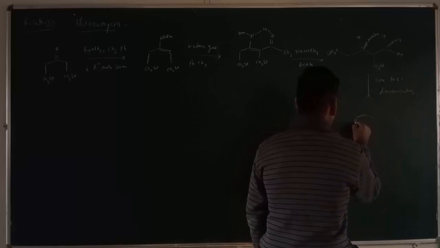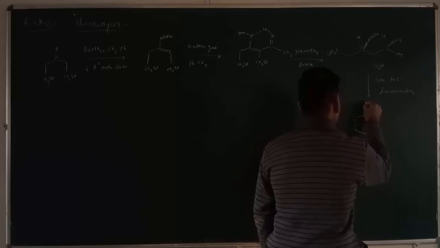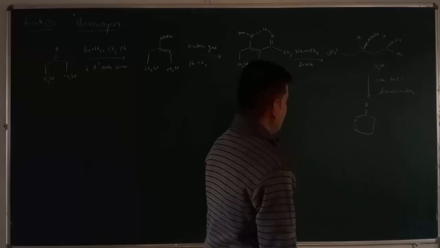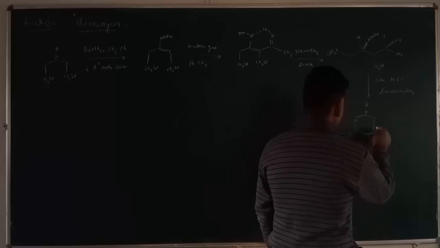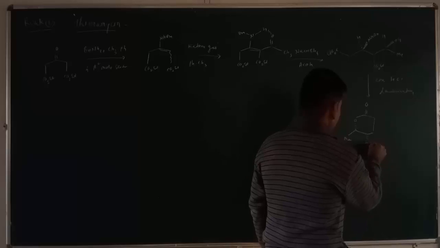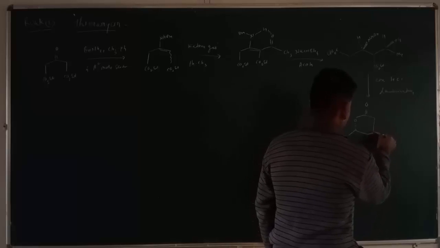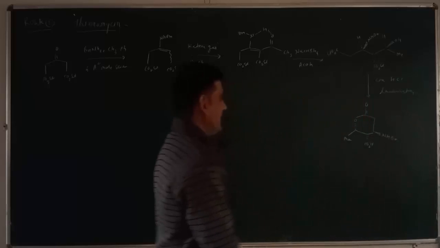Here is the oxygen in this way. So this is a carbonyl group, then a methyl substitution, and here is the CO2H group, and this is the NHBn group, and this is called a lactone.